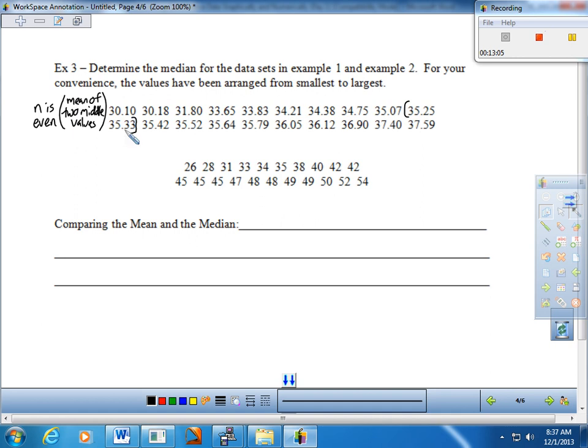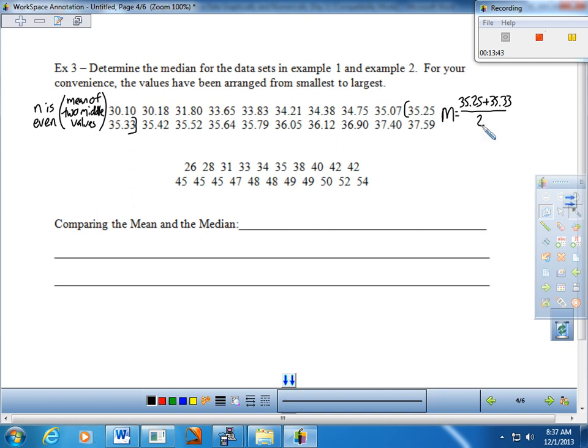Okay, and as a result, when we get our median, half the values will be less than that median, and half the values will be more than that median. So the median would be, in this particular case, the 35.25 plus the 35.33 and divide by 2.